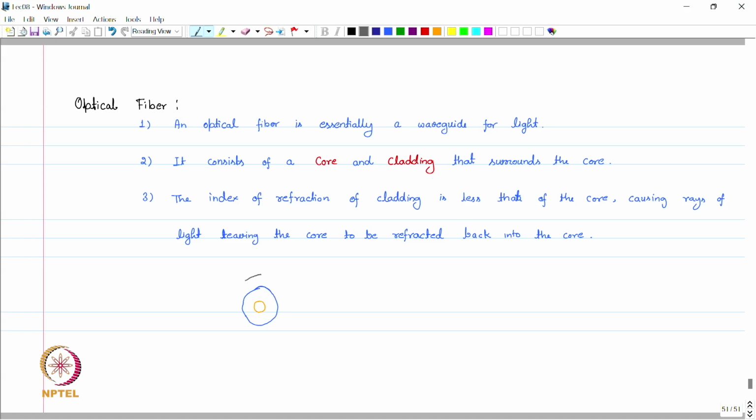This is for the protection of the optical fiber. So, this is the cross section cut of this optical fiber. This is how this optical fiber looks like.